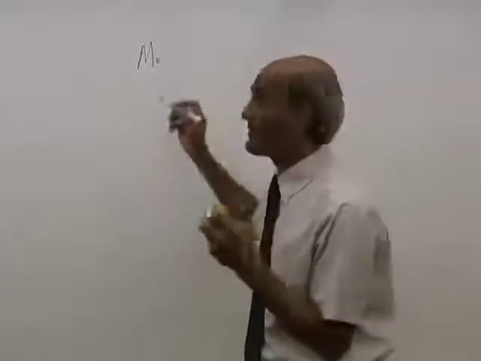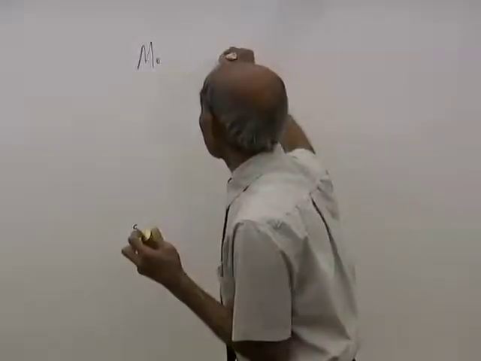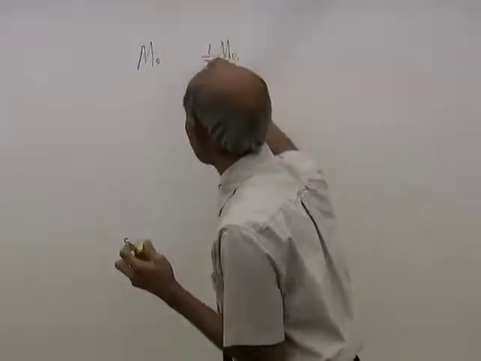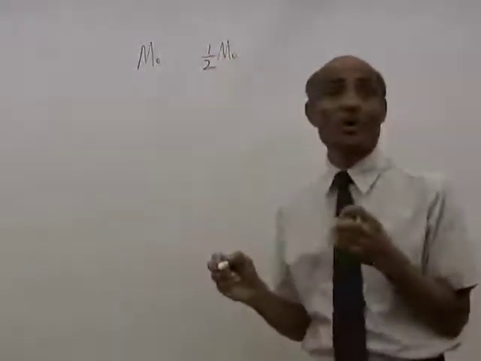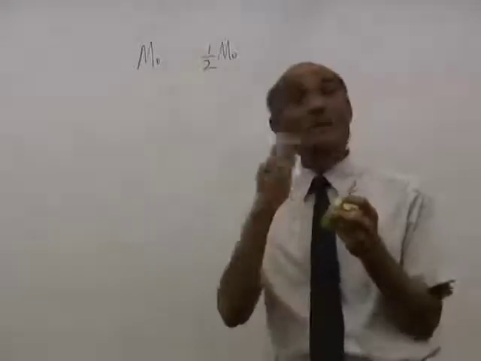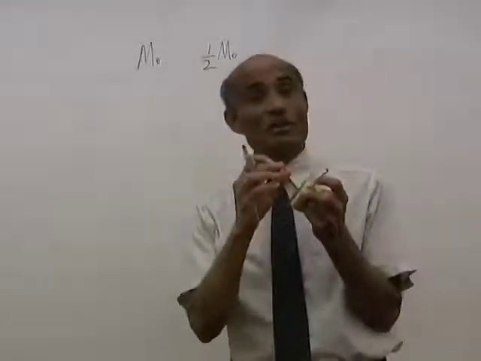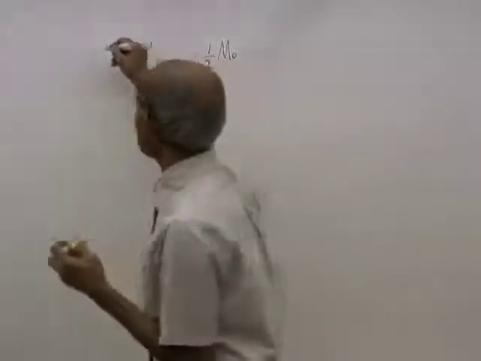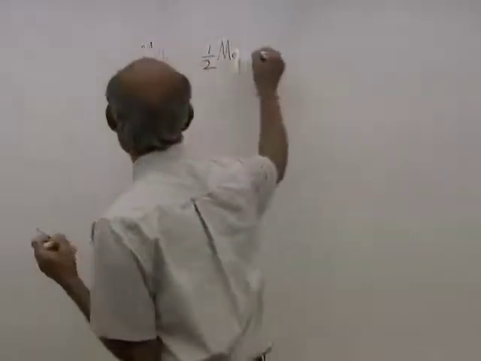After one half-life, there will be m0 divided by 2, or 1/2 of m0, still the parent X. The rest will be daughter Y.